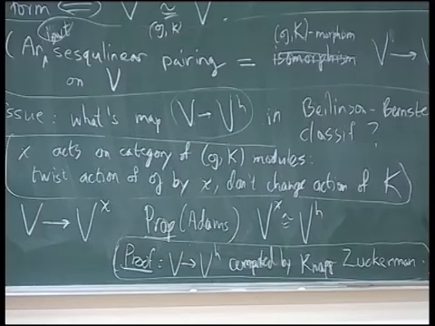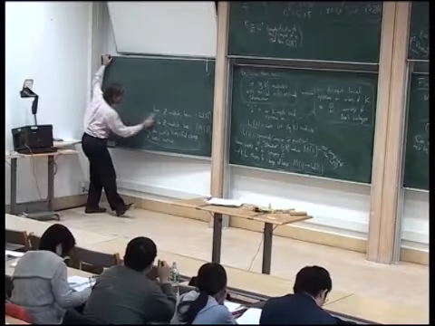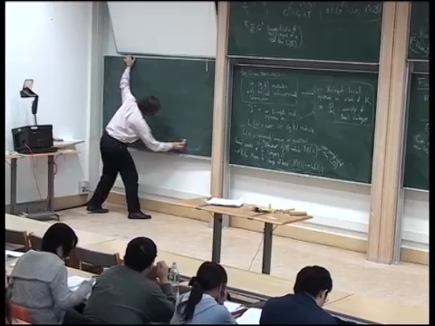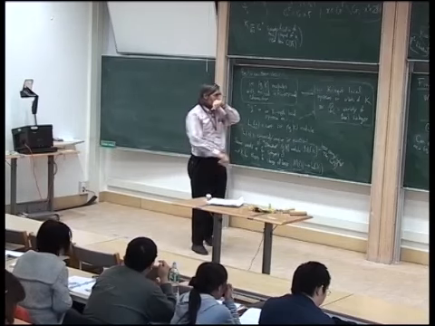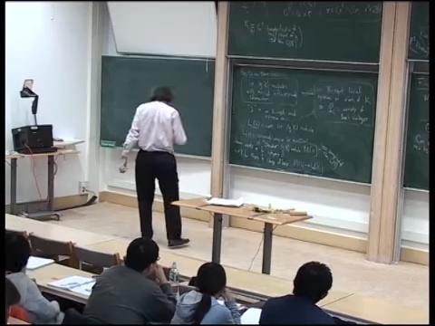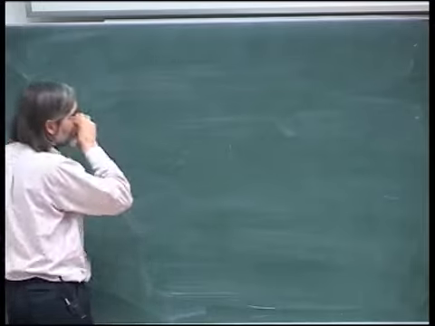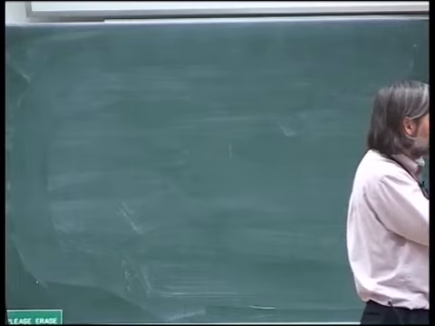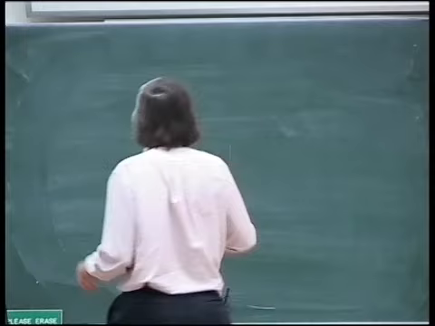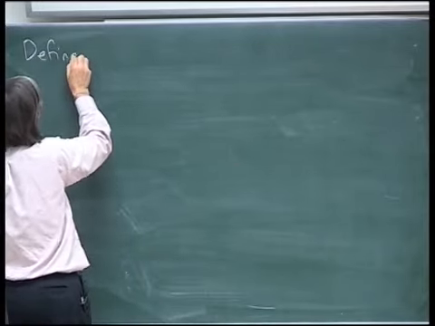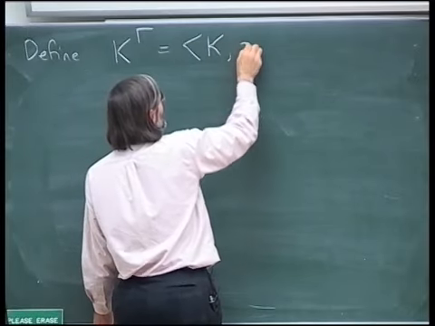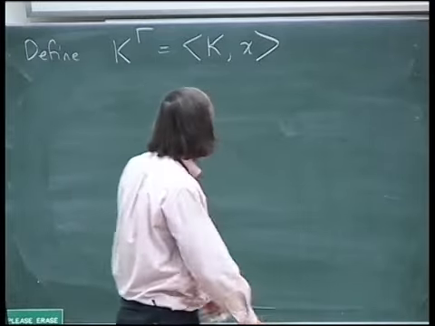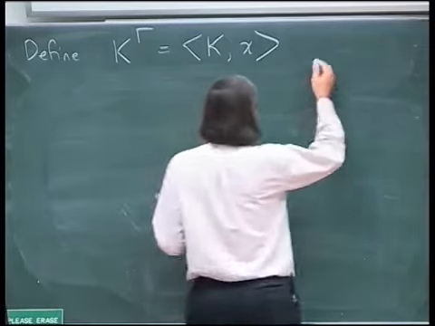So now what I want to do is enlarge, I'm not sure, this notation is a little peculiar, but just the group generated by K and X. I mean, these commute.